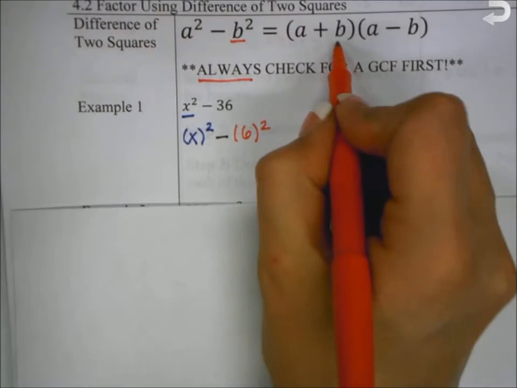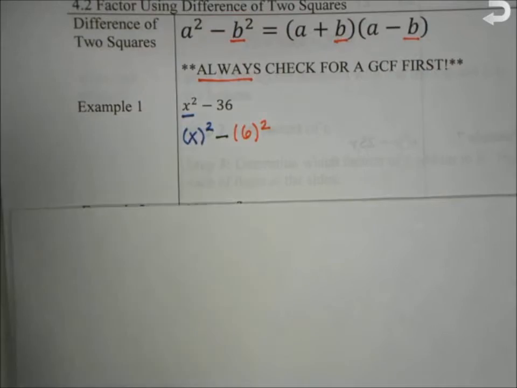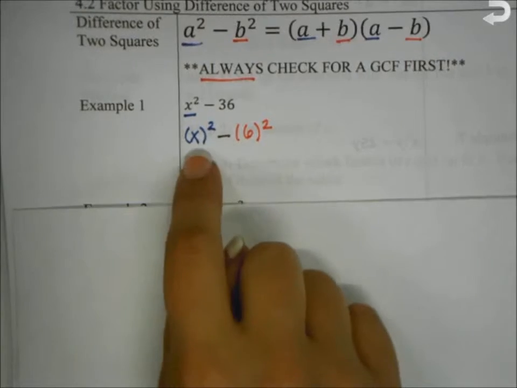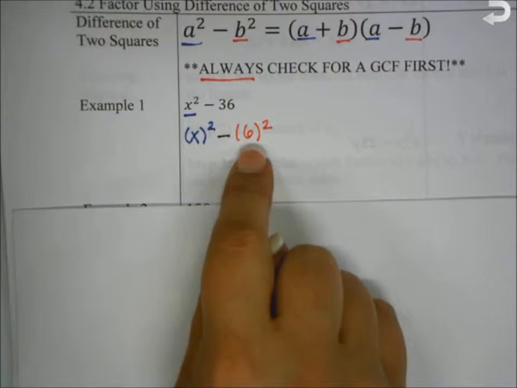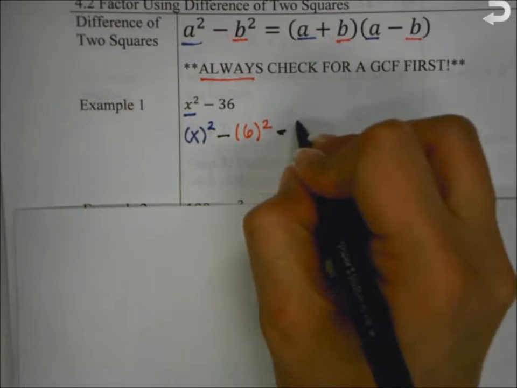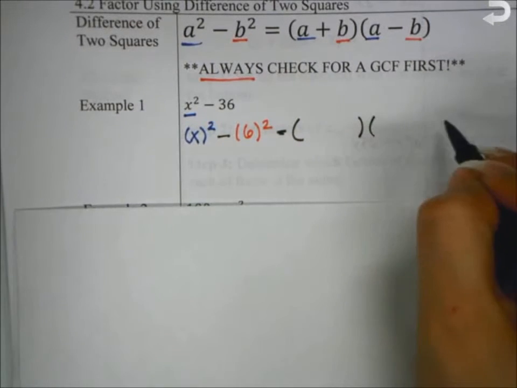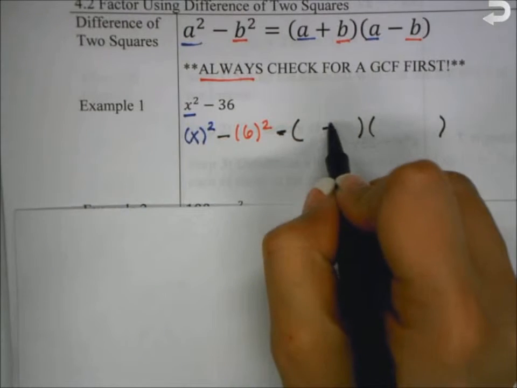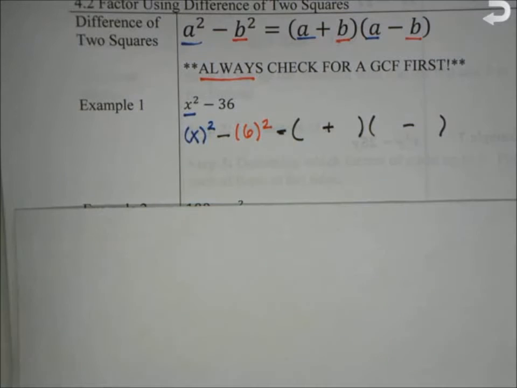So what's the A term here? X. What's the B term? 6. So how do we apply the rule? What I do is I always draw my two sets of parentheses first, and before I fill anything in, I fill in the plus and I fill in the minus. That's my rule, right? They're being added, multiplied by two of them being subtracted.